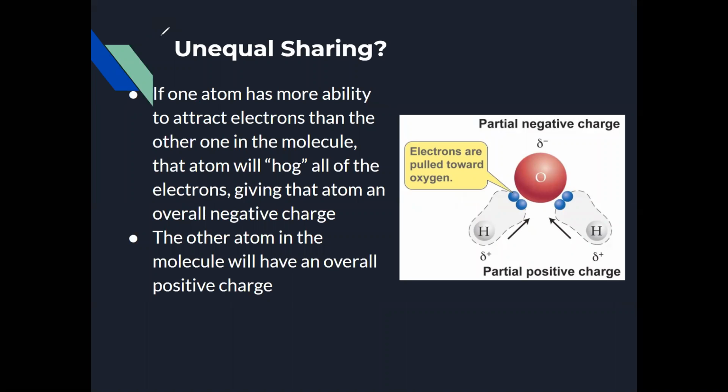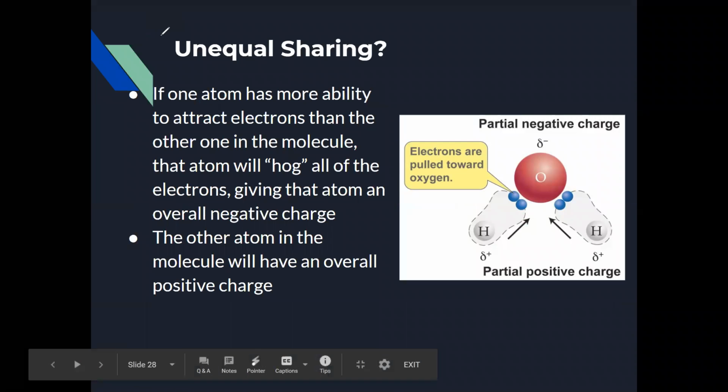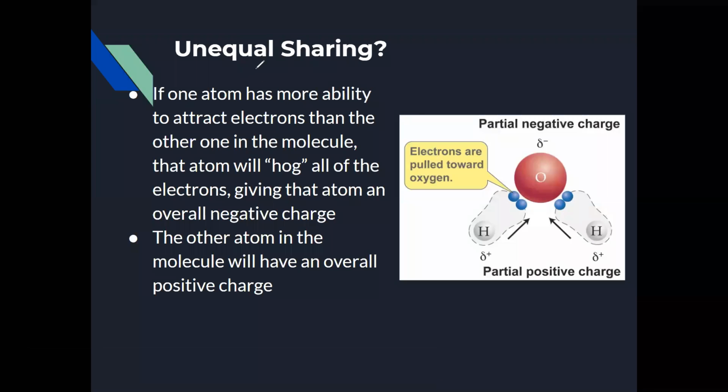Okay, so we have unequal sharing happening because of that difference in electronegativity. In a water molecule, and water is going to be a very popular example in this class, oxygen is more electronegative than hydrogen, meaning oxygen is stronger in the tug of war.